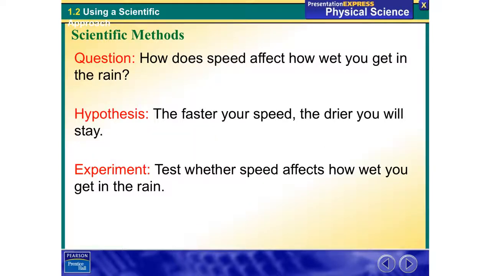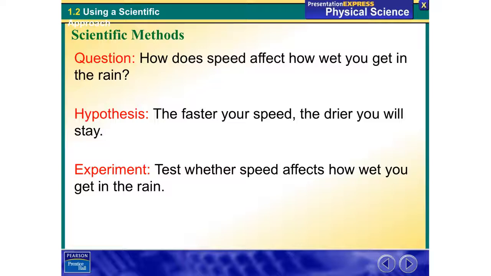So back to our example. We're talking about if it's raining, should you run or walk? You observe it raining, and that during different times or different speeds that you travel, you're going to get varying amounts of staying dry. So the question that you could ask would be, how does speed affect how wet you get in the rain?